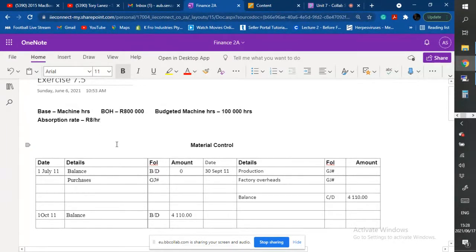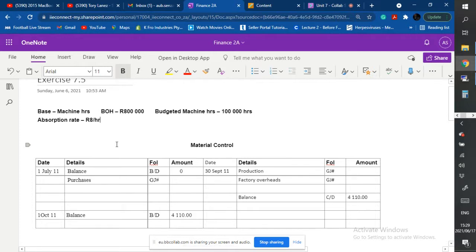Cool. Let's proceed. Materials purchased during the period, 13,000. So we purchased 13,000. This amount includes both the direct and indirect material. So we're probably going to use this in the material account somewhere. All right, then actual factory overheads for the period were as follows. So these are the actual.